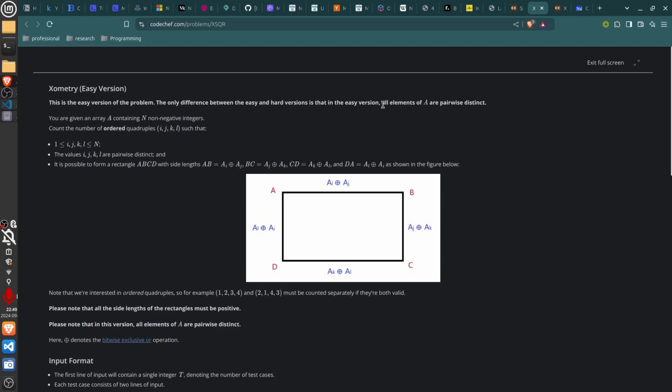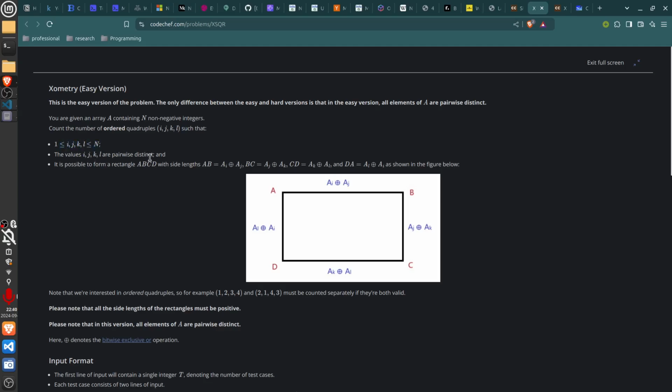For this problem, you're guaranteed that all elements of A are pairwise distinct. That makes it a bit easier. You're given an array A containing n non-negative integers, and you want to count the number of ordered quadruples I, J, K, L such that I, J, K, L are between these two ranges.